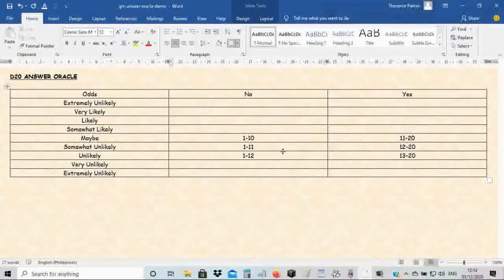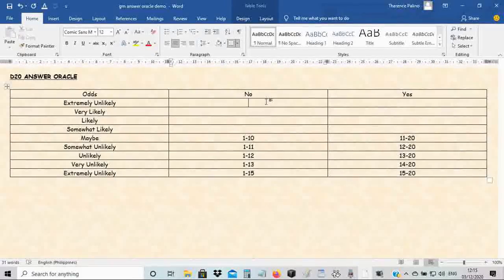Next, very unlikely is 1 to 13, and yes will be 14 to 20. And extremely unlikely, very low odds, is 1 to 15, and yes is 15 to 20.